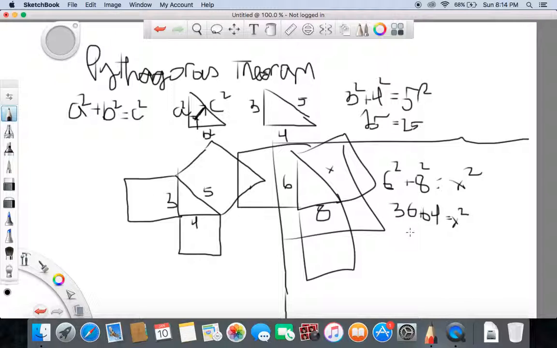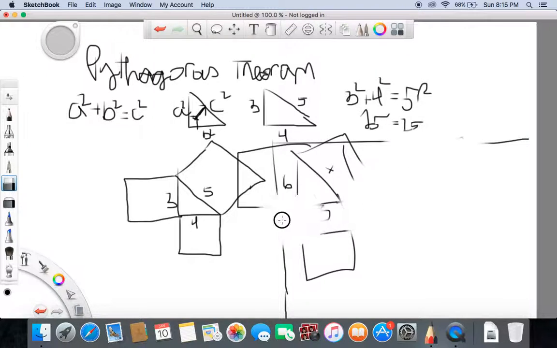That's 100. And if 100 equals x squared, then we can just take the root of x squared. If you square root both sides, because root of x squared is x, therefore 10 equals x.